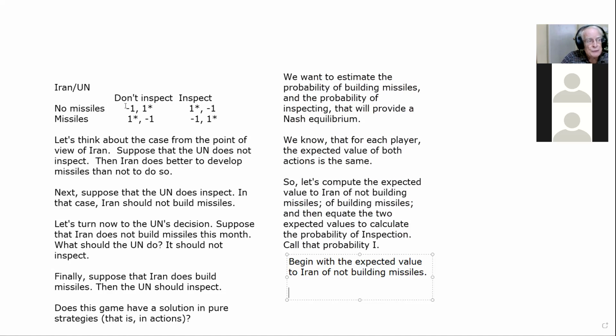First, suppose that the UN does not inspect, that occurs with a probability of 1 minus I. In that case, Iran will suffer a loss of a point if it does not take advantage of that lack of inspection by building missiles.